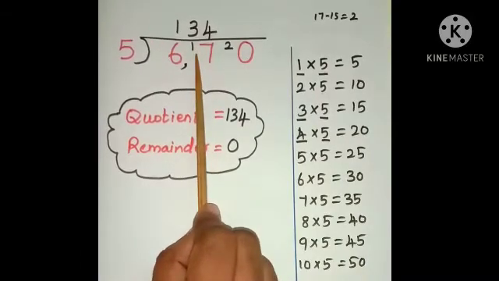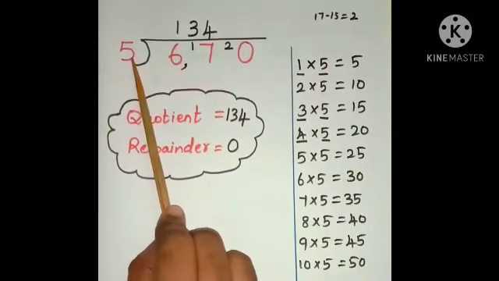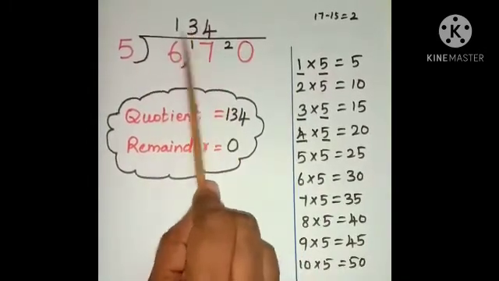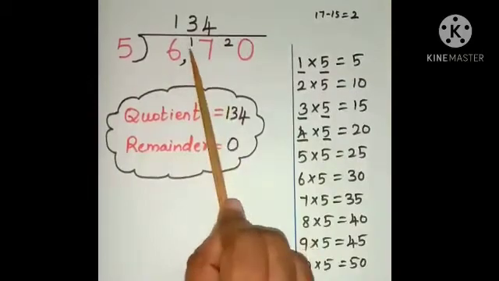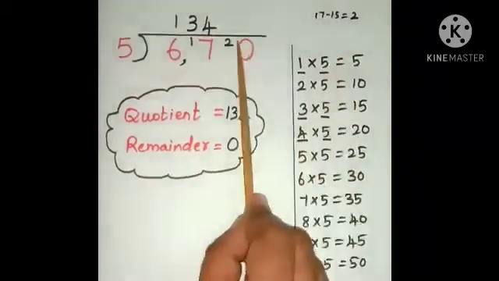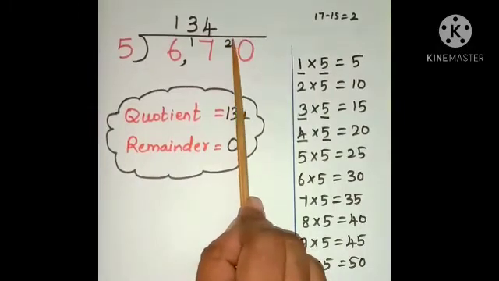Now 17 is divided by 5 3 times with the remainder 2. So 3 5s are 15 and take the difference.